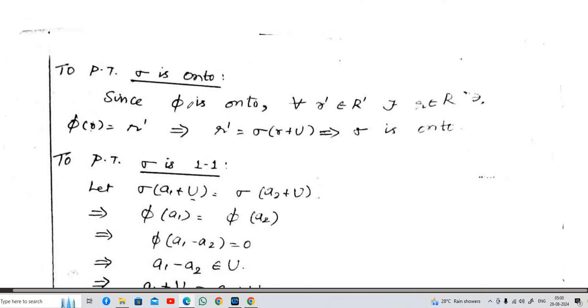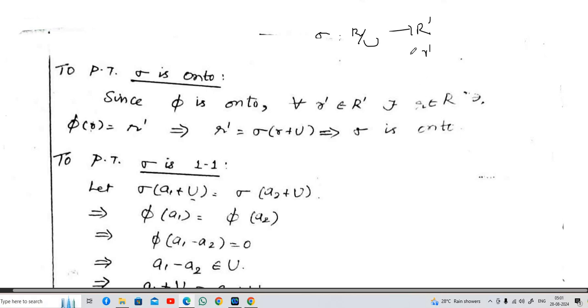Now because phi is onto, consider our mapping sigma from R mod U to R prime. To show that sigma is onto, we need to consider an arbitrary element in capital R prime, which we denote as small r prime.